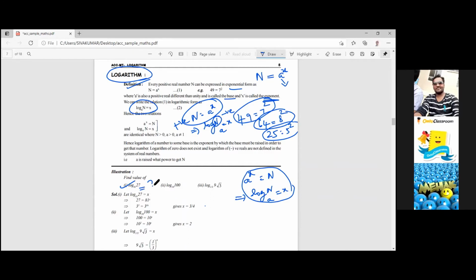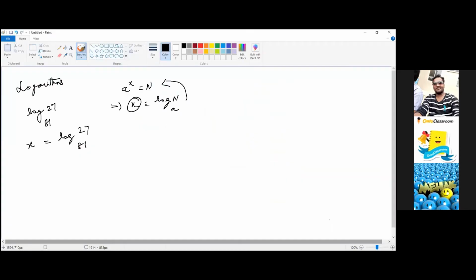The given number we are taking as small x and we are expressing in the form log n base a is equal to x. So we have the problem log 27 base 81.